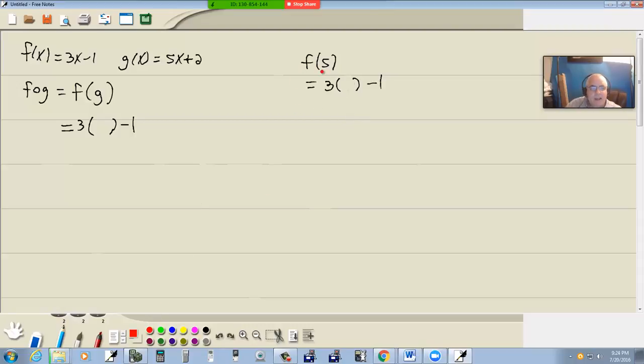Then, whatever you're evaluating for, whatever's inside this parentheses automatically comes down here. Well, that's the same way in this problem. Whatever's inside this parentheses automatically comes down right here. But g is equal to 5x plus 2, so we're going to replace the g with 5x plus 2.